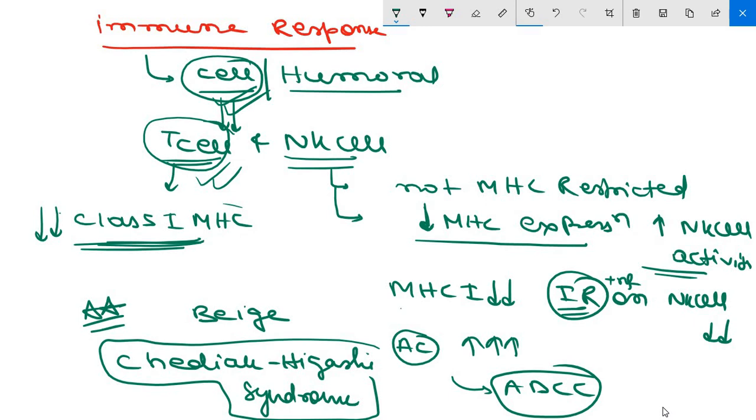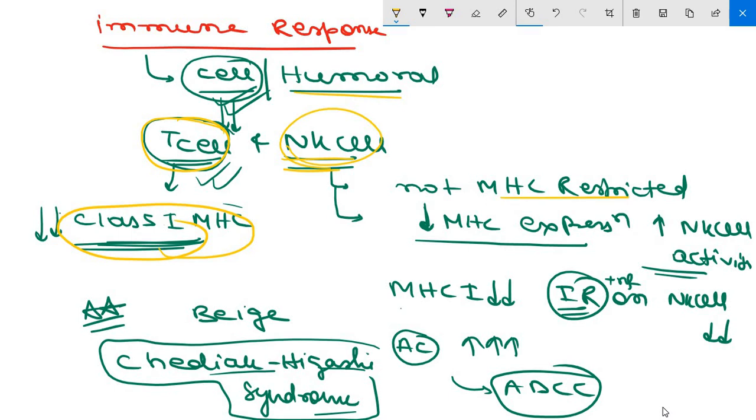So if there is mutation in NK cells, then there will be increased incidence of cancer, that is known as Chediak-Higashi syndrome. Okay, so this is about your immune response against tumor cells. There is involvement of both your cellular and humoral mediated immunity, mainly T cell and NK cell. Cytotoxic T cell has limited role because of the down regulation of class 1 MHC molecules, but NK cells is not MHC restricted.